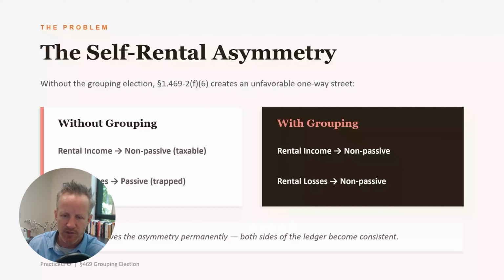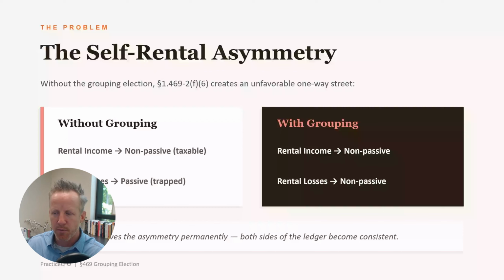You can take those losses from the cost seg and reduce the income from your other rental properties outside of your practice building.